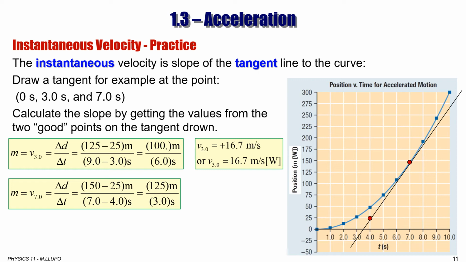You need 4 values from those 2 points: 2 values of vertical and 2 values of horizontal. Never just 2, you need 4. 2 up, 2 down, and that will be correct. So the slope of that tangent line at 7 seconds is 41.7 meters per second.